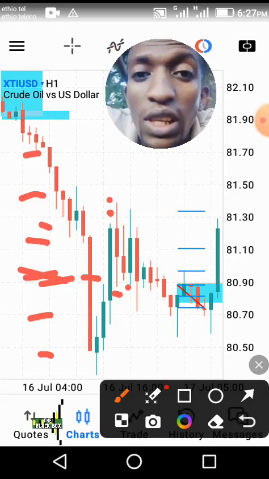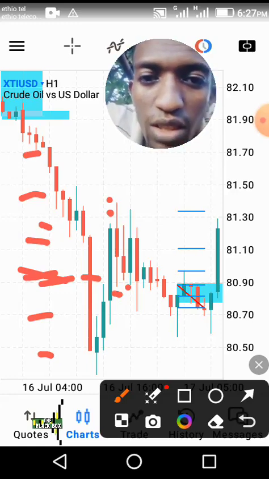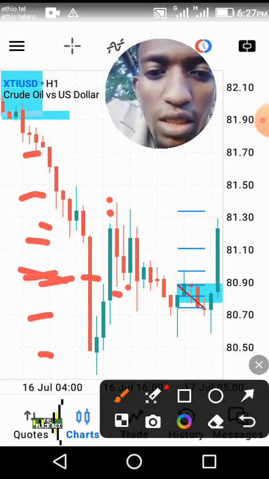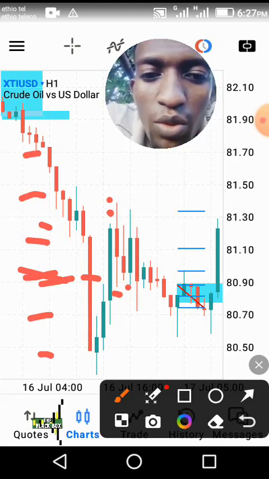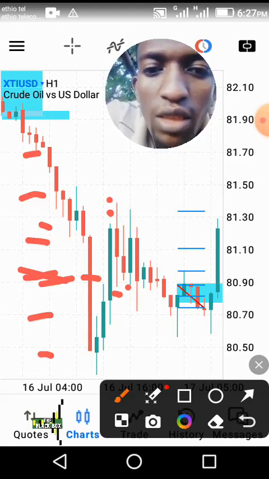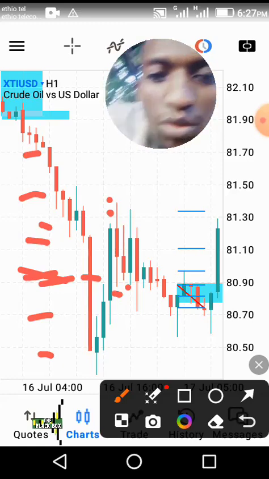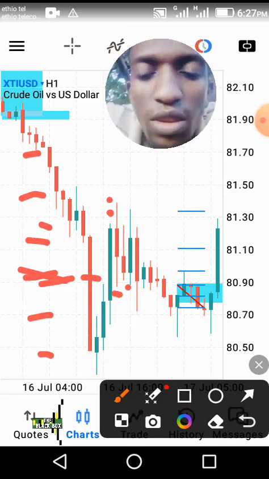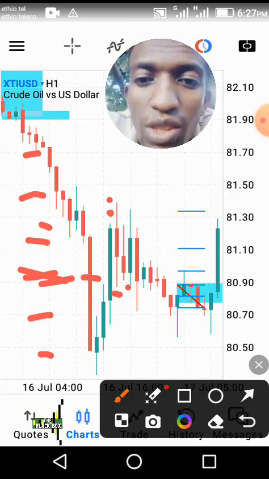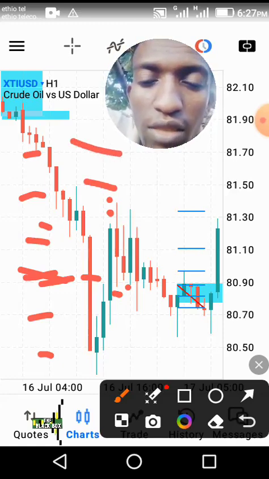We have 20, right? Then 70 to 90, we have 20. 90 to 110, we have 20. 10 to 30, we have 20. Then 30 to 50, we have 20. 50 to 70, we have 20. So this grid is a difference of 20 units, right?